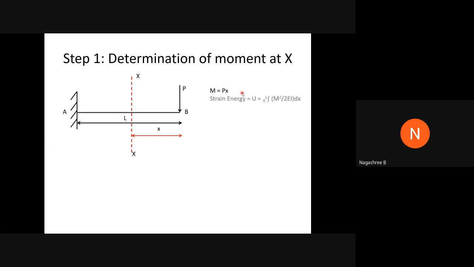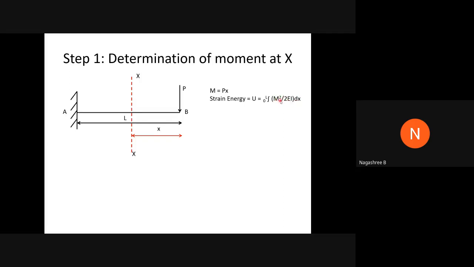Next, as we all know, in the previous session we discussed how to compute the strain energy due to bending. So that expression we are supposed to take into consideration. That is the integral with limits 0 to L of M square divided by 2EI times dx.